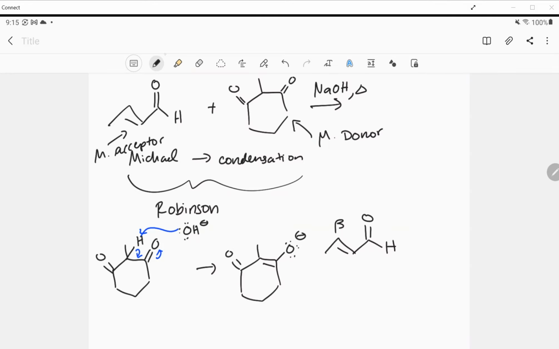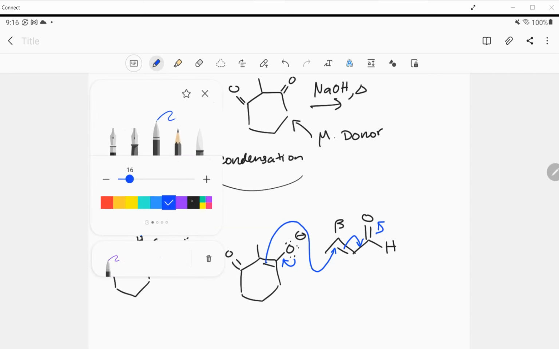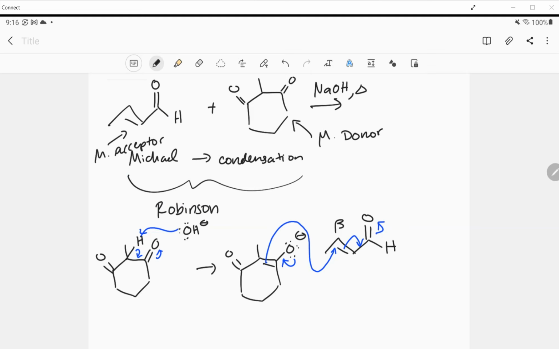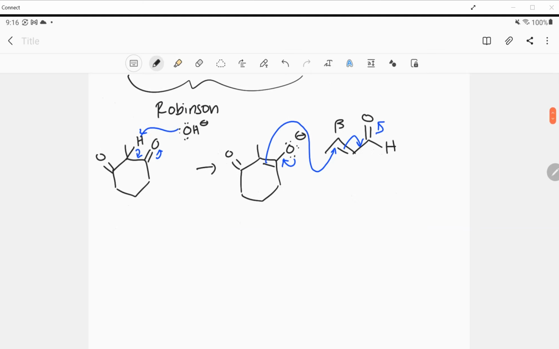So if we go ahead and draw the arrows, we're going to close down our carbonyl, and then we're going to go ahead and have our enolate attack that beta carbon. That's going to move some things around, and we're going to pop open our aldehyde there. Alright, so this is going to give us a rather vertical molecule, so let's just see what we can do.